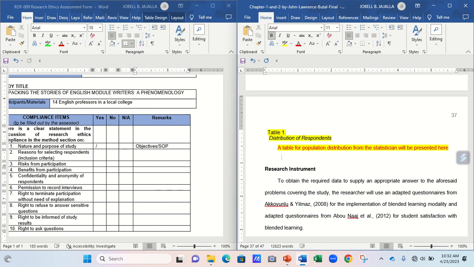So after the data, no, you have to input textual discussion on the figures presented in the table, figures or numbers presented in the table.